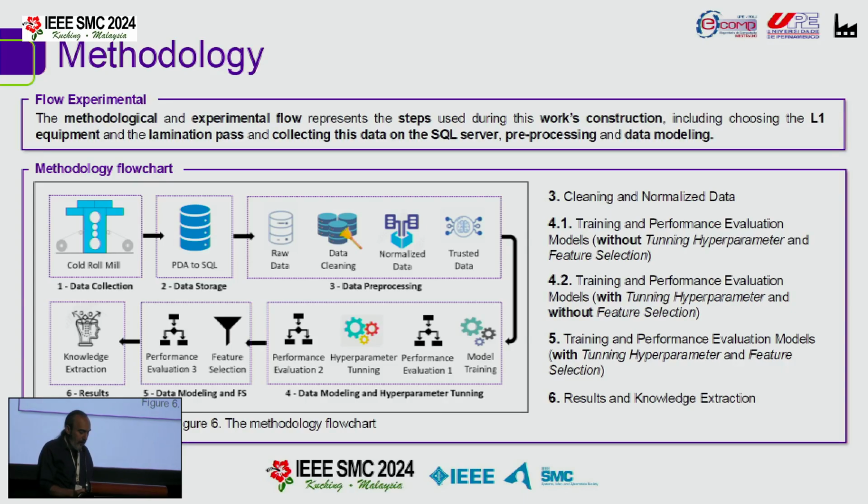And next, performance evaluation 2 in step 4.2, we train and evaluate models with tuning hyperparameters and without feature selection. In step 5, we perform evaluation 3 with training and performance evaluation of models with tuning hyperparameters and feature selection. In step 6, we show the results.